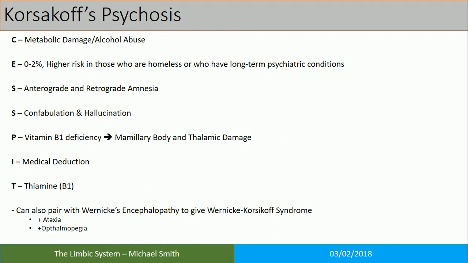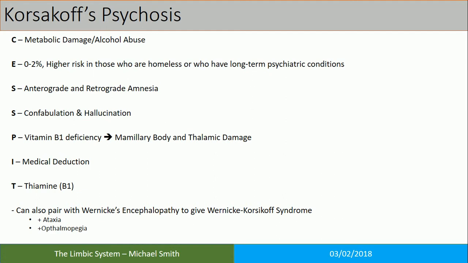It presents with amnesia, and one of the main signs that you'll notice when you're speaking to the patient is that they're confabulating, which means that they're making up facts about their past, and they'll be speaking entirely fluently as if it's true. So they might talk about the fact that they used to be an airline pilot and they know how to fly planes, despite the fact that you know this isn't true.